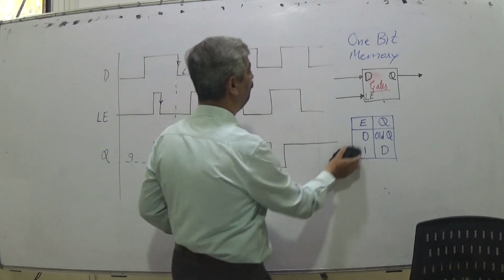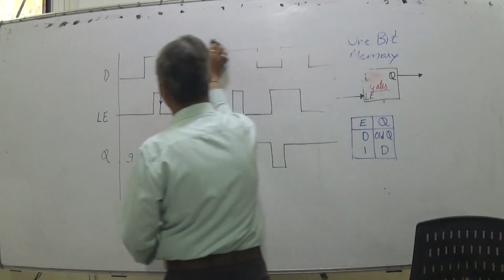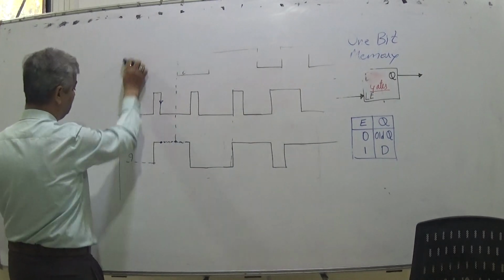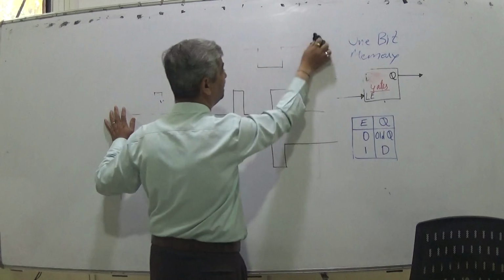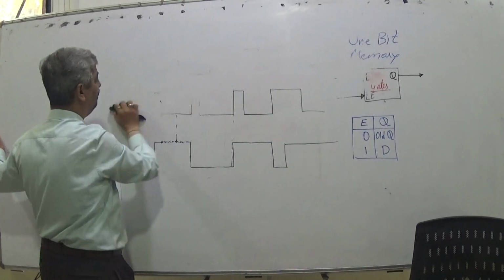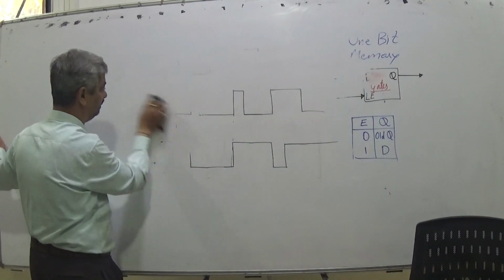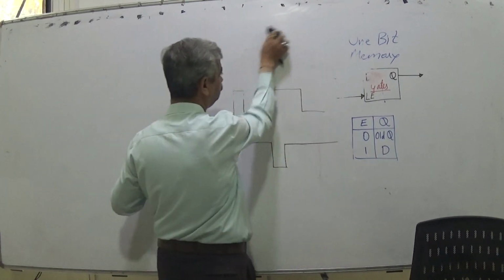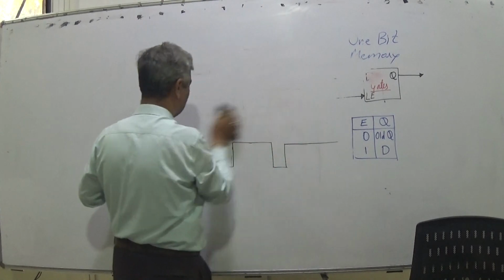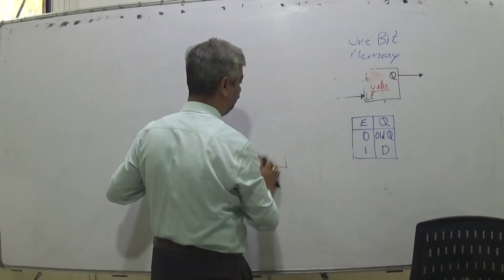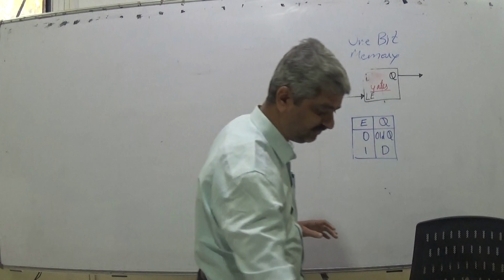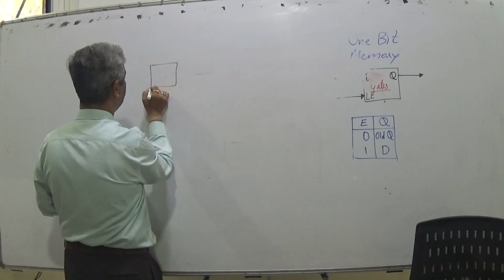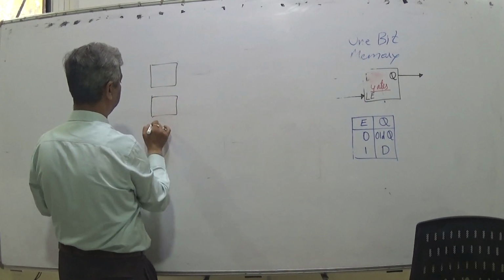Now we take help of 8 such locations. So if I have 8 such locations, what would it be? It would be 1 byte memory location. So what I can do? I can have 8 such units.